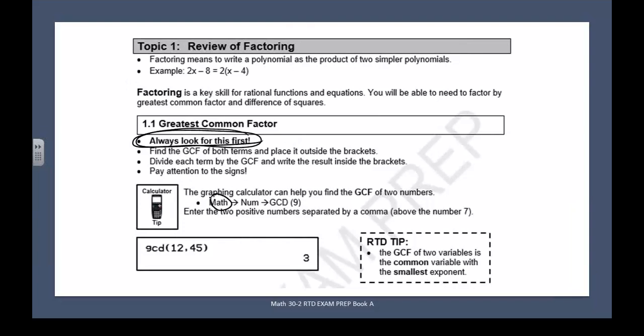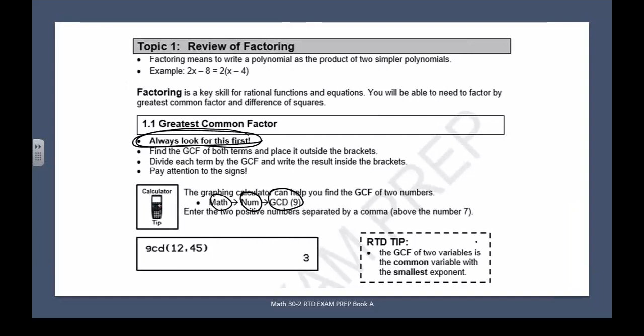You go into Math, go to Number, option 9, greatest common factor or denominator, and then separate the two numbers by a comma. So for example, greatest common factor of 12 and 45 is 3. Okay, I'll show you how to do this on your calculator in a minute.